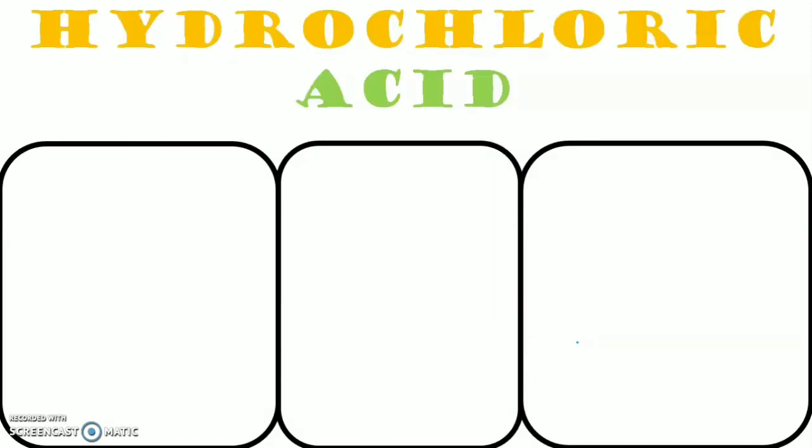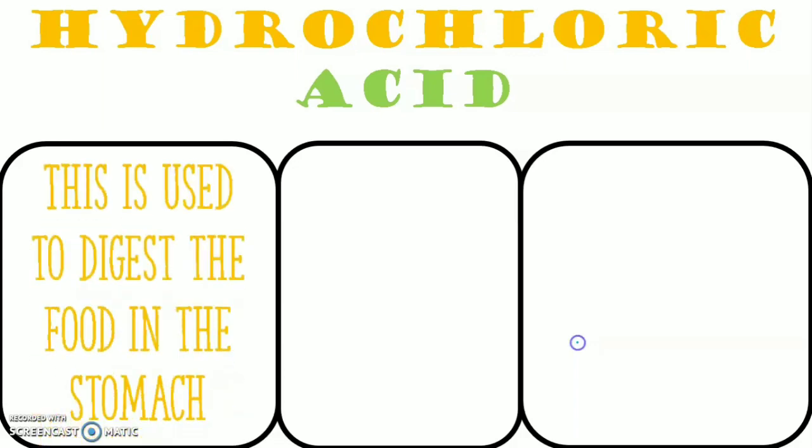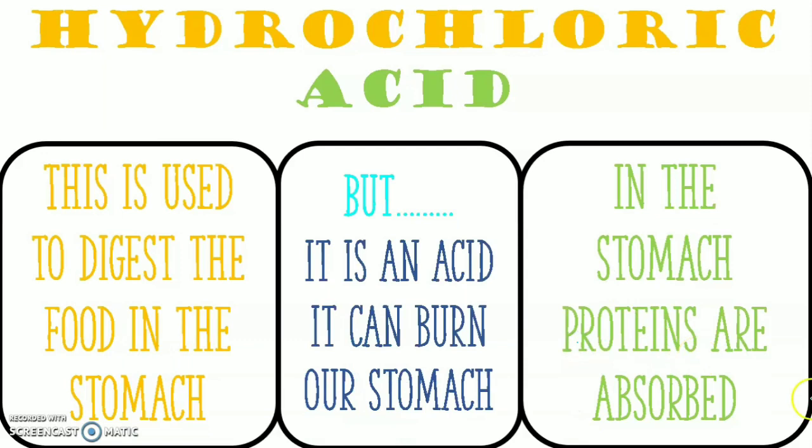And the digestive juice that is secreted in the stomach is known as hydrochloric acid. This is used to digest the food in the stomach. In the stomach, the proteins are digested. So, in the mouth, the carbohydrates were converted into sugar. In the stomach, the proteins.